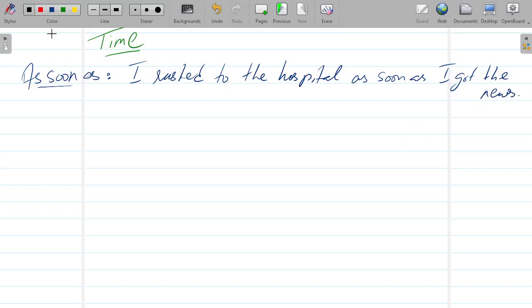So let's break this down. This is the subordinating conjunction, so let's put that as SC. Now, what we want to identify over here is the main clause and the subordinate clause. So can anyone identify the main clause for me?